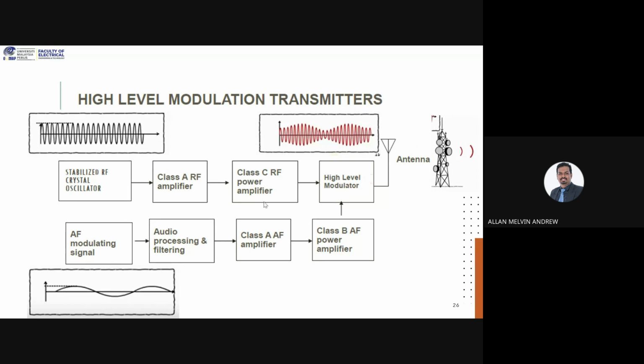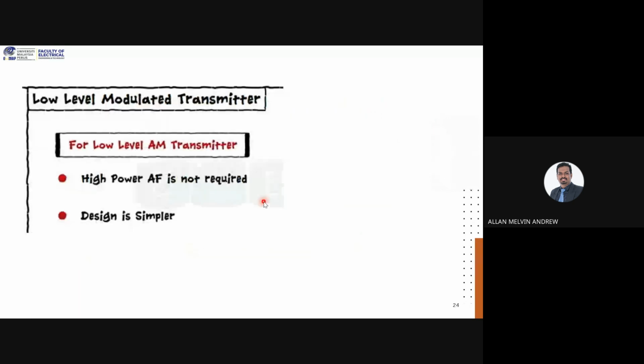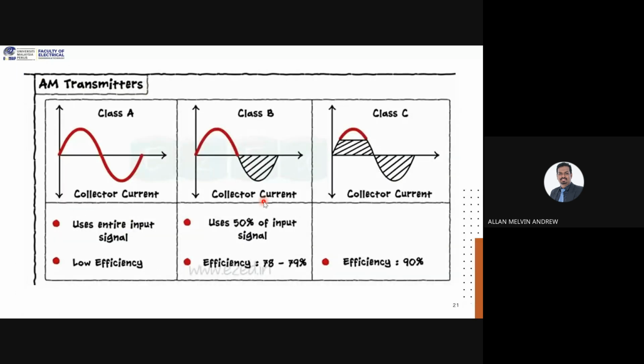Okay, so I just want to show you the difference between class A, class B, and class C. Just to refresh you, you can see class A usually sends the entire input signal, and because it's sending the entire signal, there is a lot of wastage, and because of that, low efficiency. Why can it have a lot of wastage? Because not all points in the signal have information.